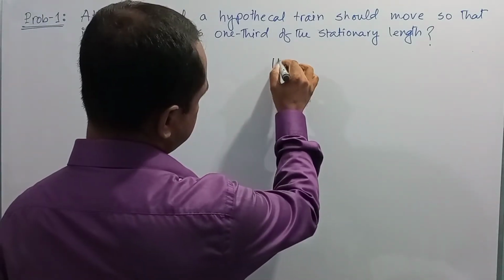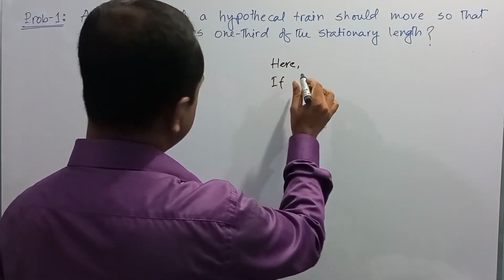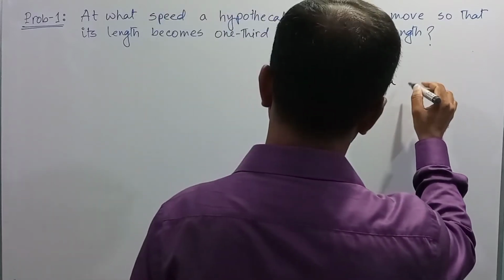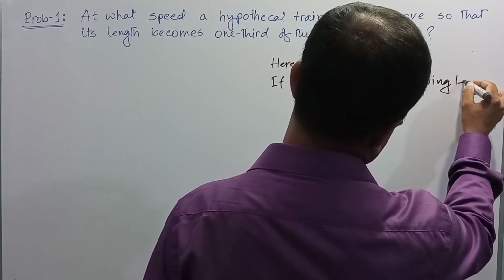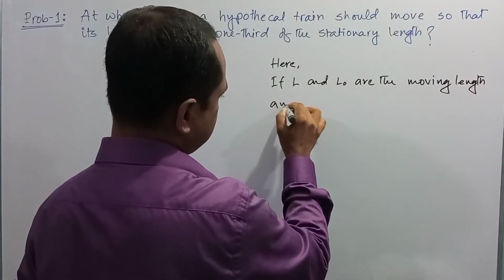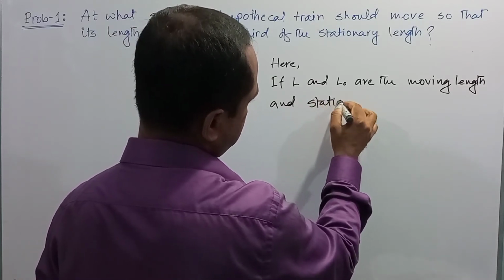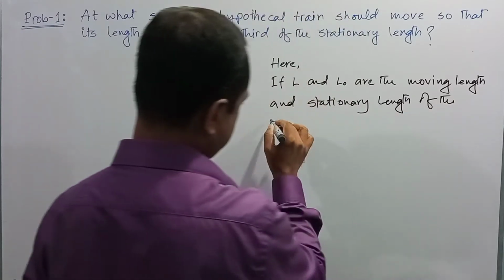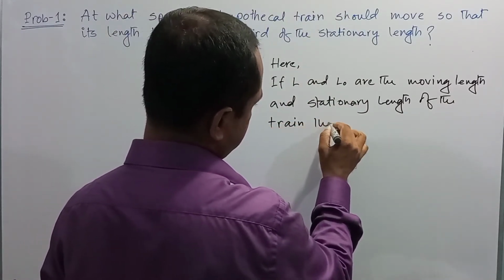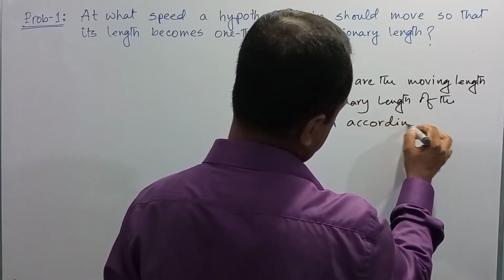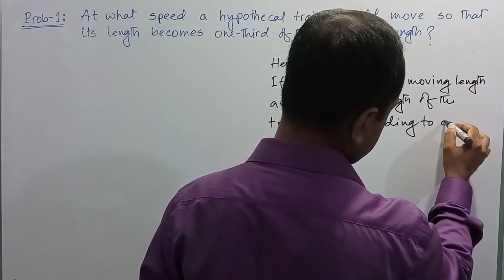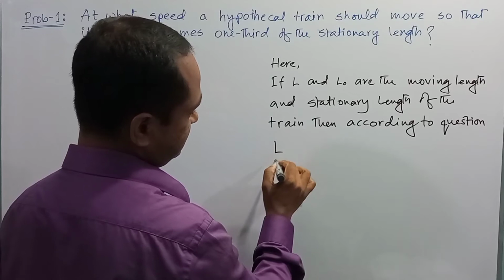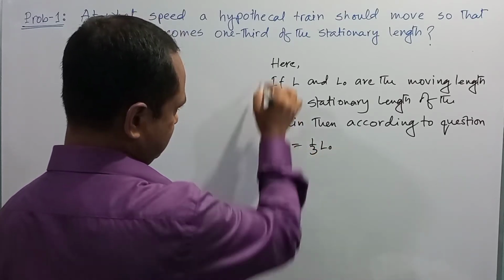Here, if L and L naught are the moving length and stationary length of the train, then according to the question, the moving length L will be 1/3 of the stationary length, right?